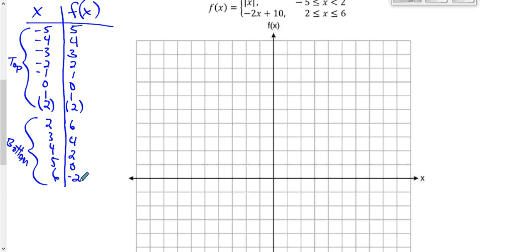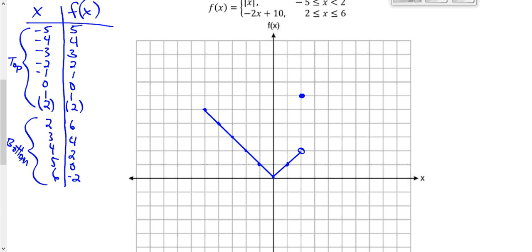So let's see, negative 1, 2, 3, 4, 5, 1, 2, 3, 4, 5. We know that's 2, 1, 0, 1, 1. And now there's my open circle, right? With no arrows, right? Okay? And then the other one is 2, 1, 2, 3, 4, 5, 6.